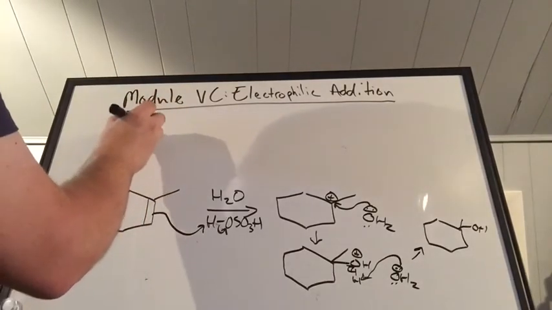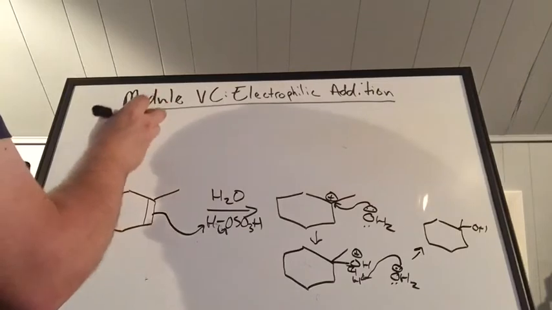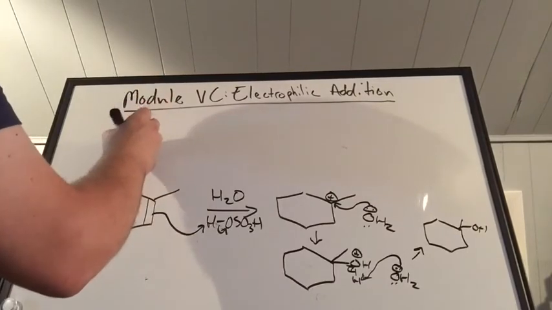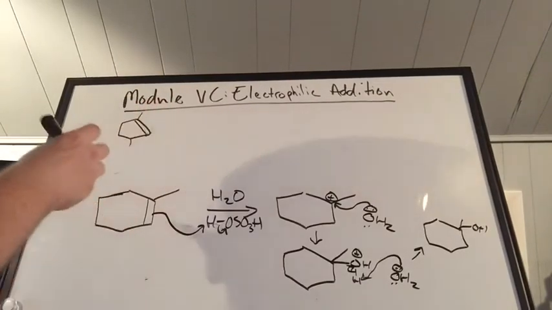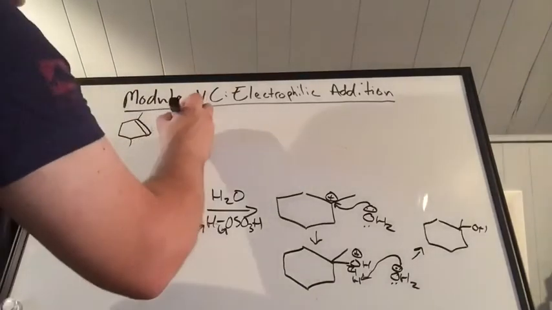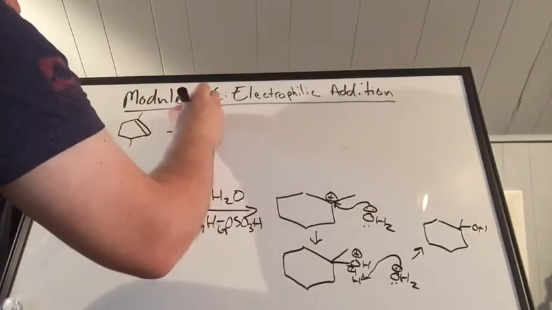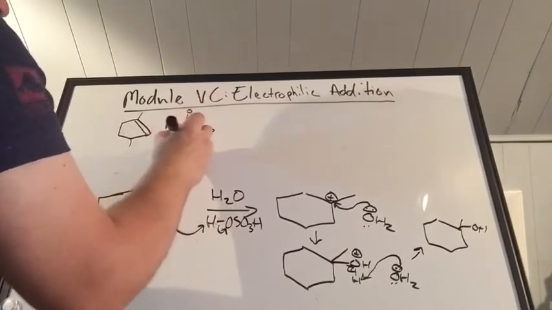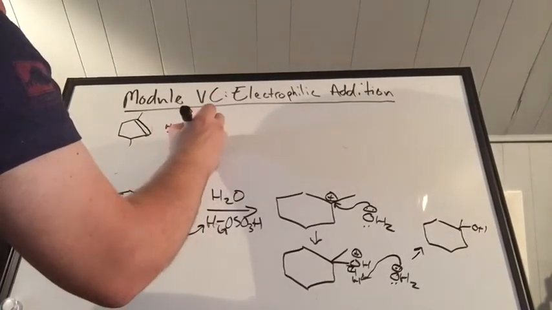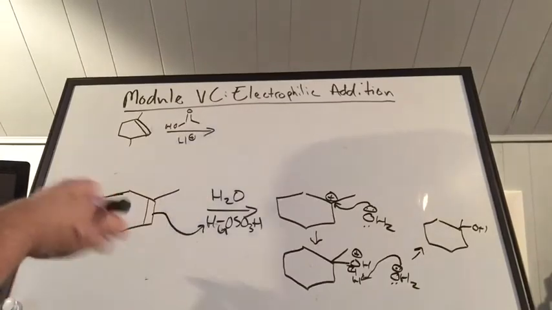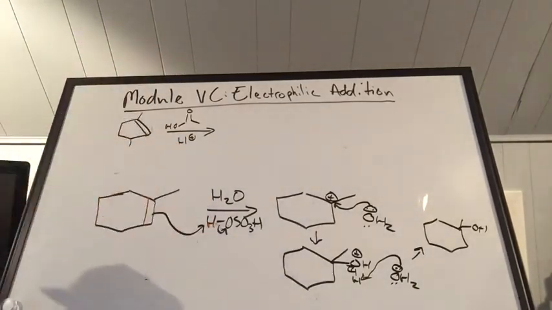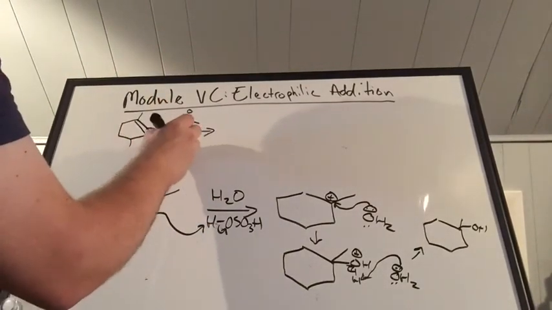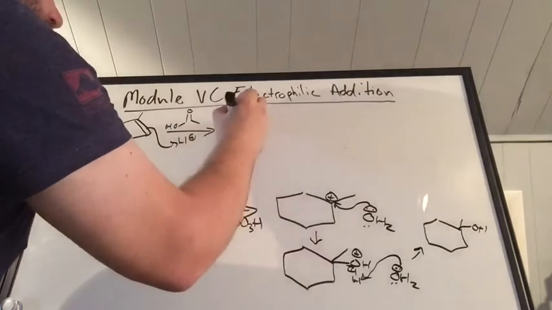With an alcohol. This is somewhat similar, though a little different. Okay, and of course you're going to have H plus around. This is just going to be shorthand for H2SO4. I understand that's an acid.